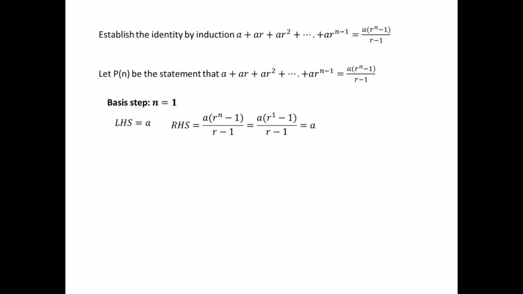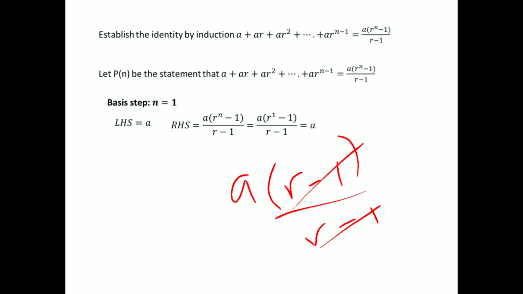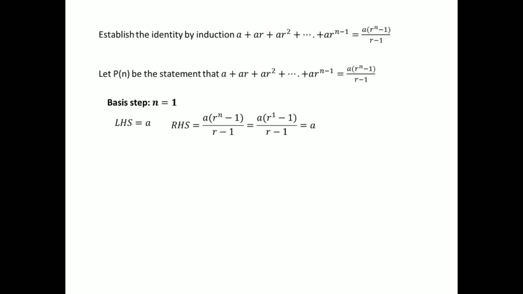If you substitute n to be 1, you are going to have a into r minus 1 over r minus 1, which cancels, and we are left with just a. So we have a on the left hand side and a on the right hand side. We can conclude that the statement is true for n equal to 1.